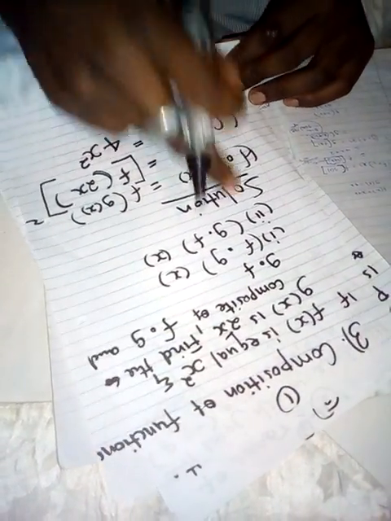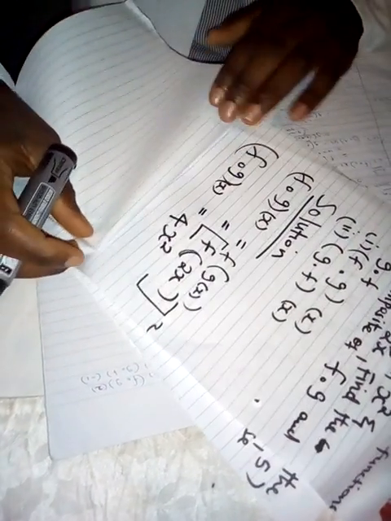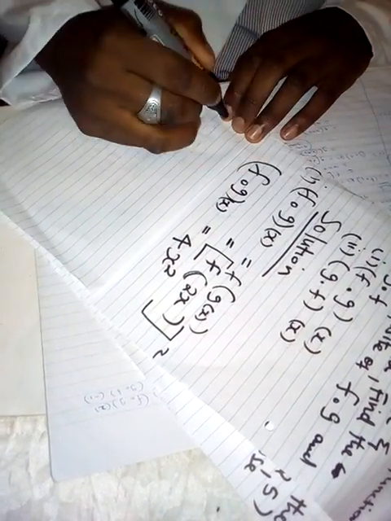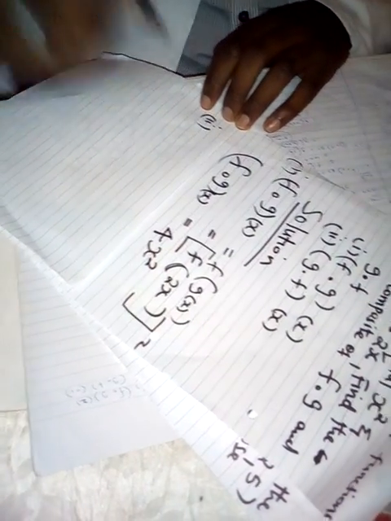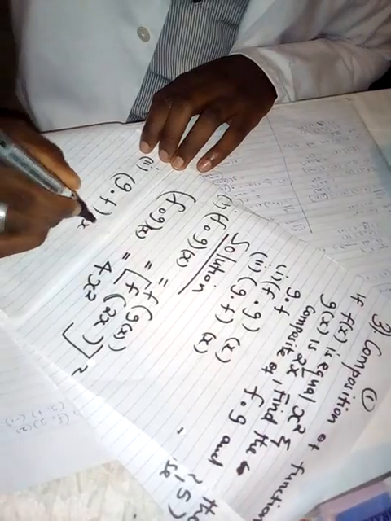Let's go to g of f of x. Let's do it behind here. That is 1, that is 2. g of f of x.